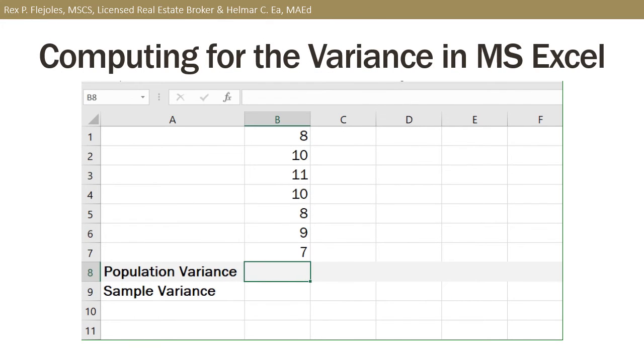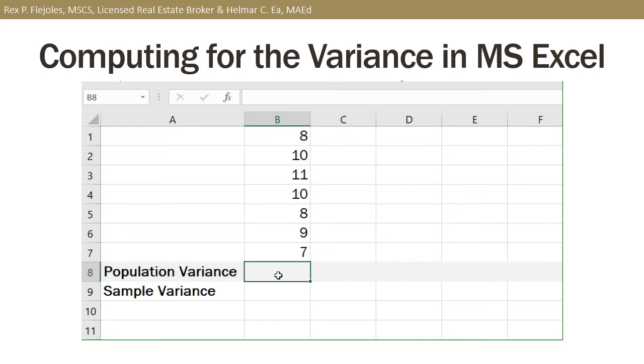At this time, let me show you how to compute for the variance in MS Excel. Please be reminded that we have a different formula to compute for a variance from a data set of a population and a different formula if the data set is coming from a sample only.